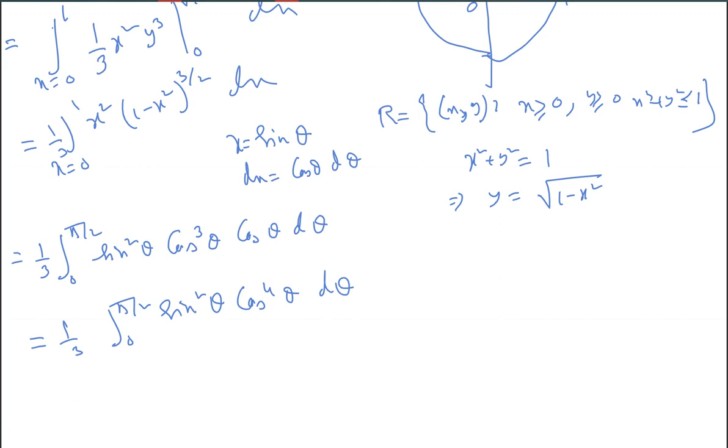So you can write this as 1 by 3, this will be 1 by 2 into beta of (2 plus 1) by 2, that is 3 by 2, and (4 plus 1) by 2, that is 5 by 2. So that value you can calculate. In this way you need to do.